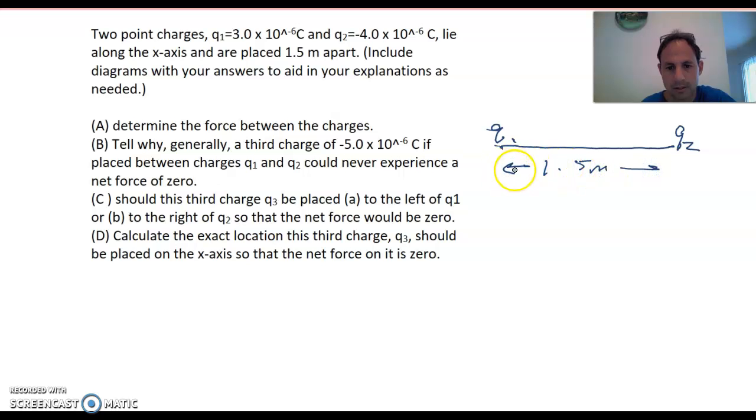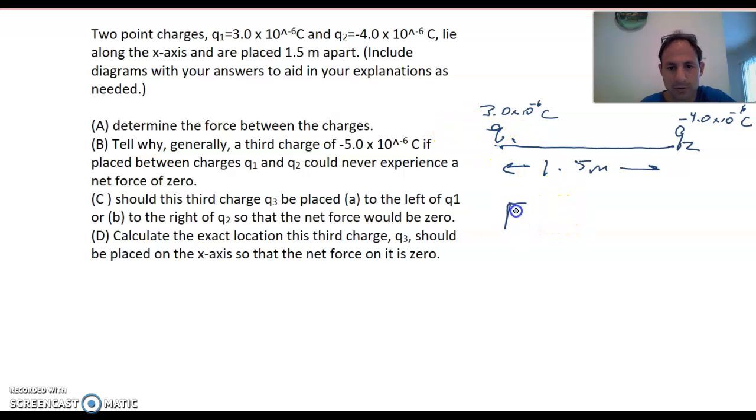Q1 is 3.0 times 10 to the minus 6 coulombs, and Q2 is negative 4.0 times 10 to the minus 6 coulombs. Determine the force between the charges.